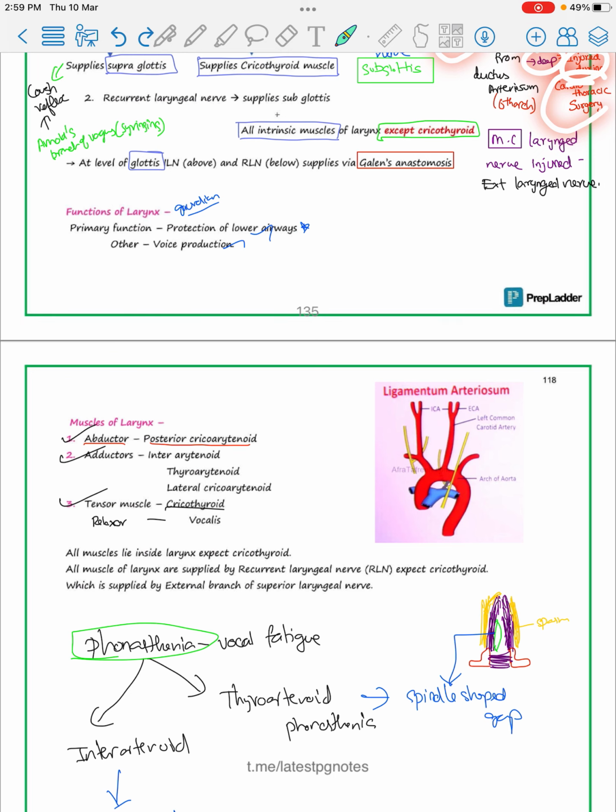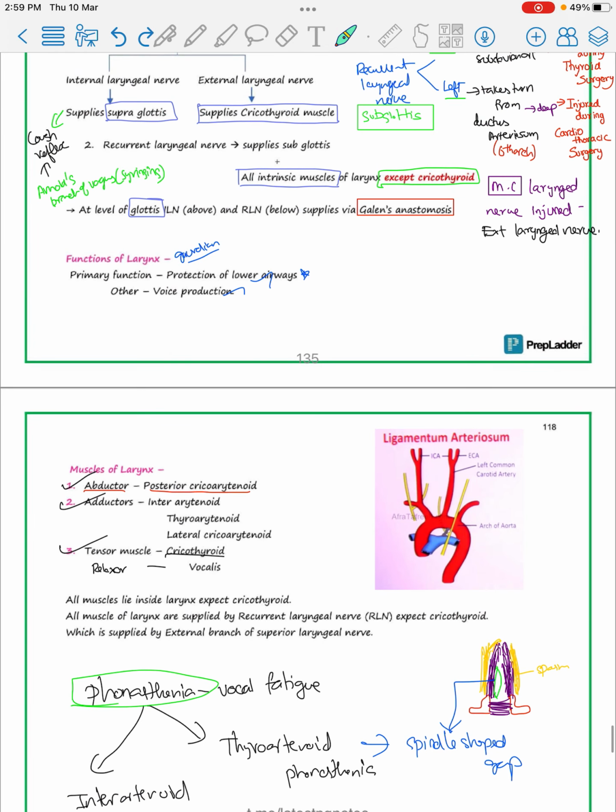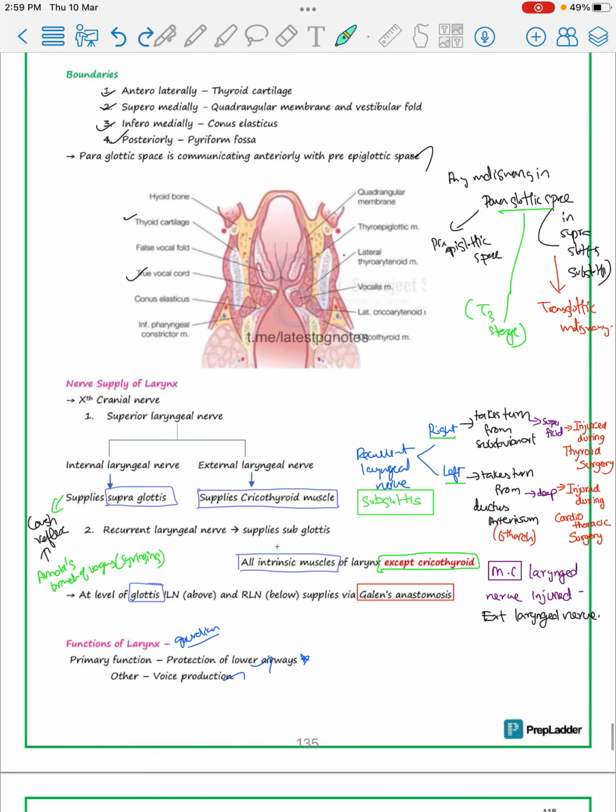The right one comes from the right subclavian, whereas the left takes a turn from the arch of the aorta due to the ligamentum arteriosum. At the level of the glottis, the right and left both anastomose and give Galen's anastomosis.